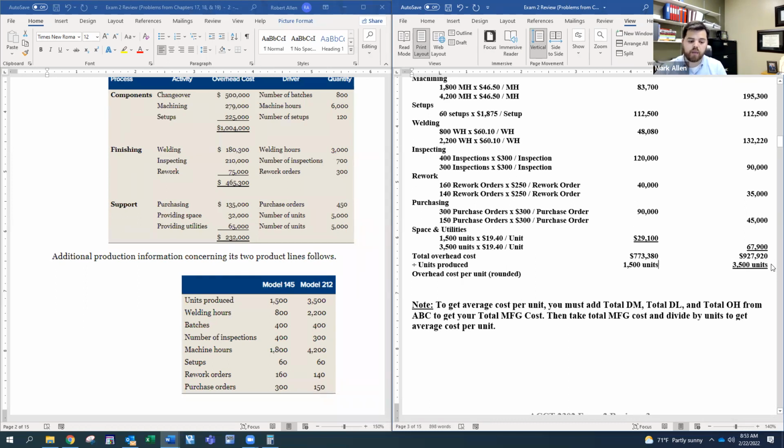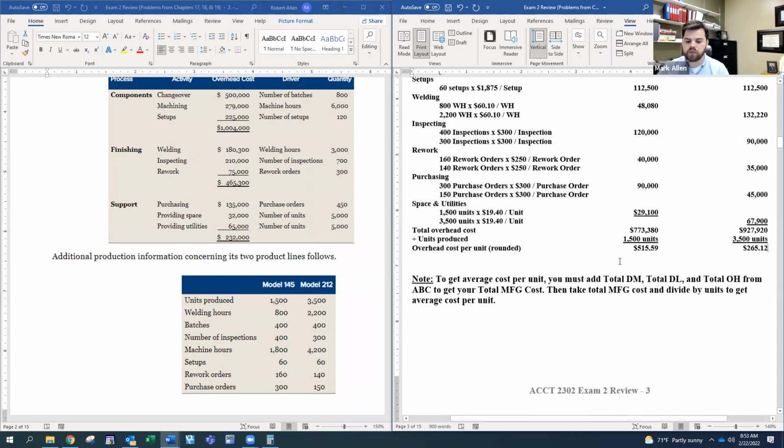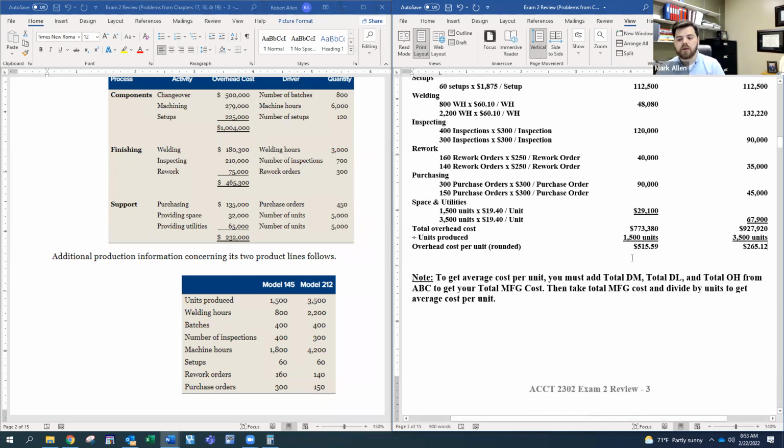Of course, that is still coming from that bottom table on the left-hand side. And when you actually do this division, you'll come out to a rate here of $515.59 in overhead for model 145 and $265.12 for model 212. So with that, we are officially done with this page. And we are ready now to move on to our next question.